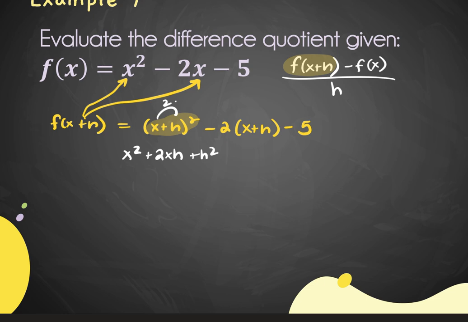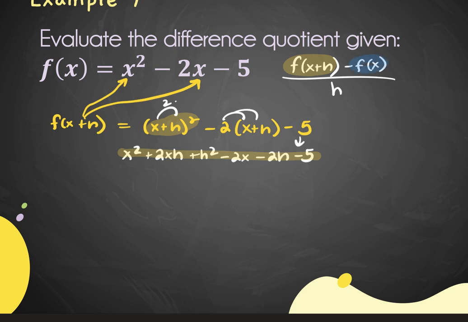You also can literally memorize that because you're going to do it several times. x squared plus 2xh plus h squared. Then I distribute the -2, so minus 2x minus 2h, and then I don't forget about that minus 5 at the end. That whole thing is f of x plus h. There's no terms to combine.